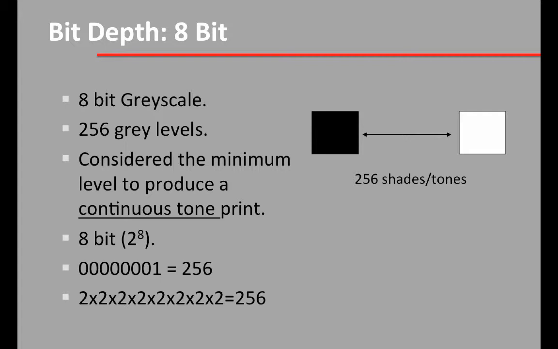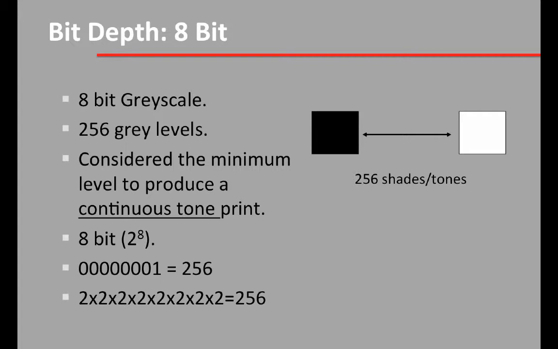So it's a continuous tone, meaning that there are so many different variations of grey between white and black that the variations seem to be continuous. There's not any sort of segments of tone. It becomes a nice even blend, and that's what we call photographic quality or a continuous tone print.